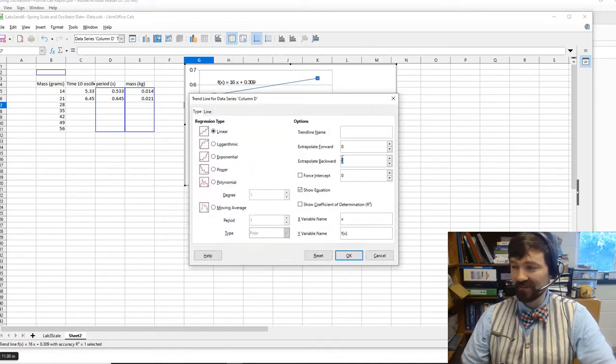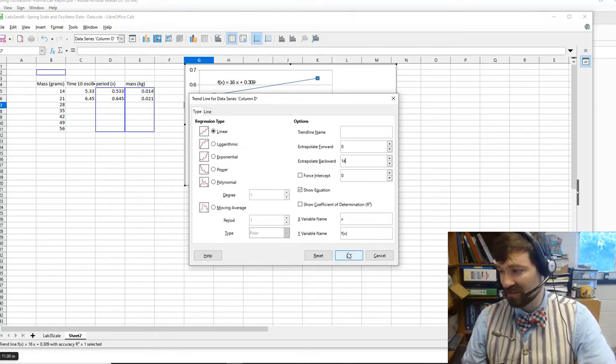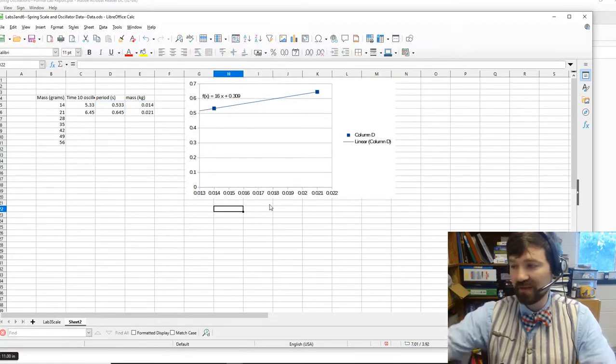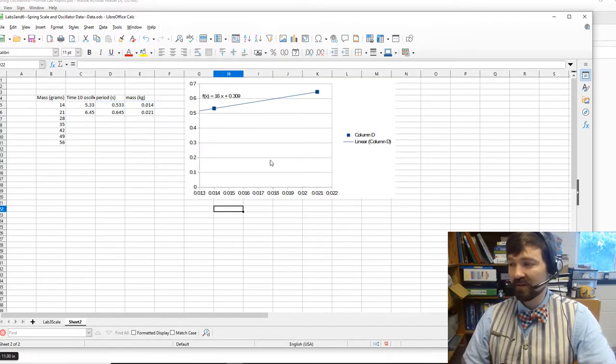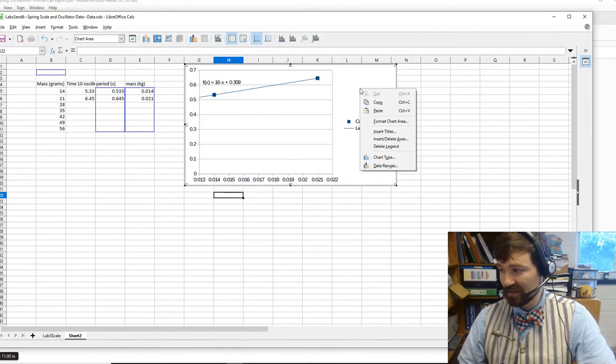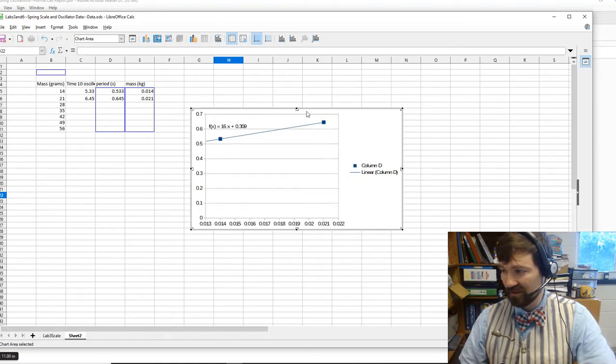Like if I wanted to extrapolate backwards so that I see where the intercept is, do that. Now it's extrapolated backward. Obviously I didn't put a title on this one. You would basically need to add that when you're setting the graph up initially.